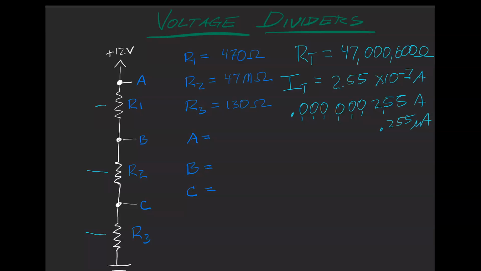In that case, my voltage at A is still 12 volts. My voltage at B is 47 meg plus 130 times this current, and that equals 11.985 volts.